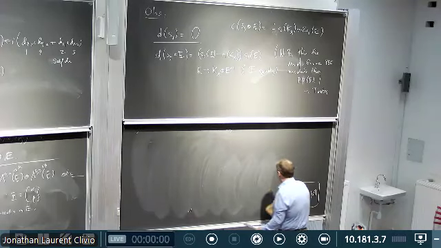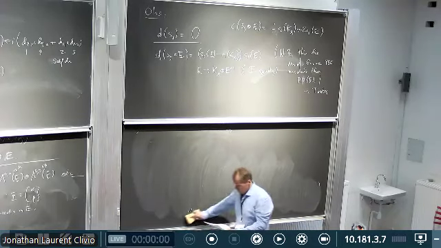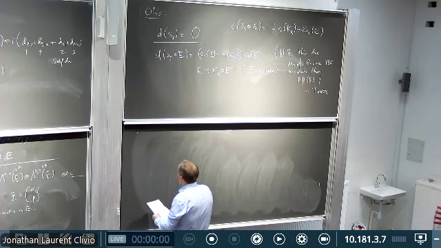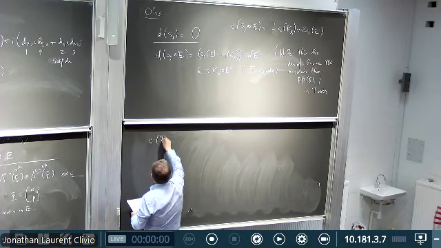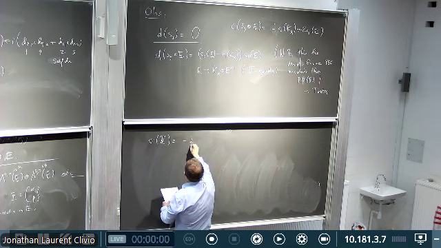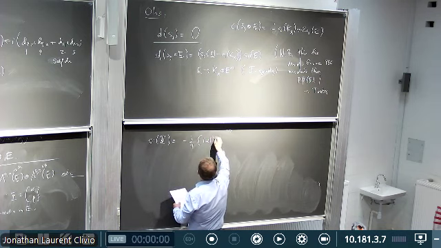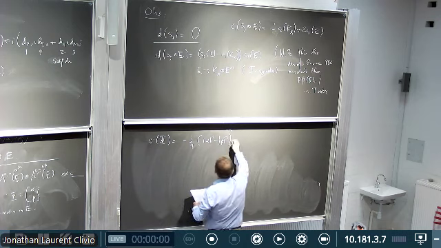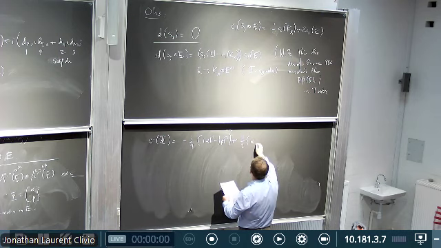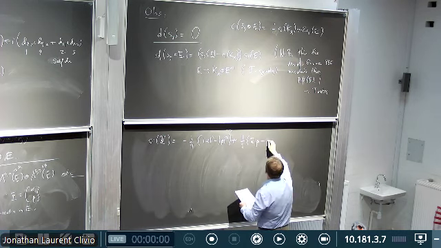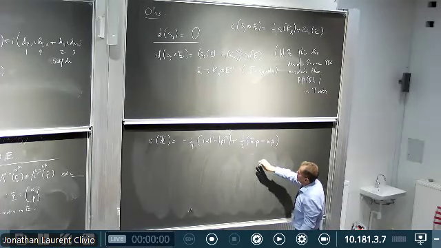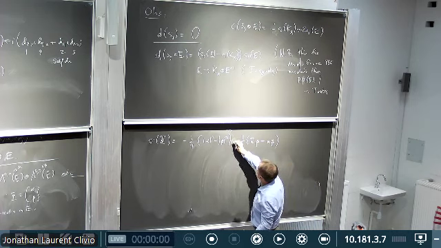What about the Seiberg-Witten equations themselves? So the game here is that this sigma phi turns out to be this gadget, so this is times omega.